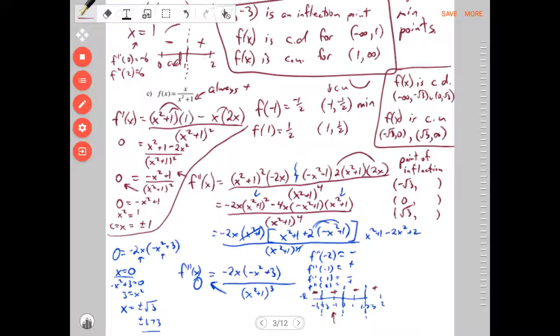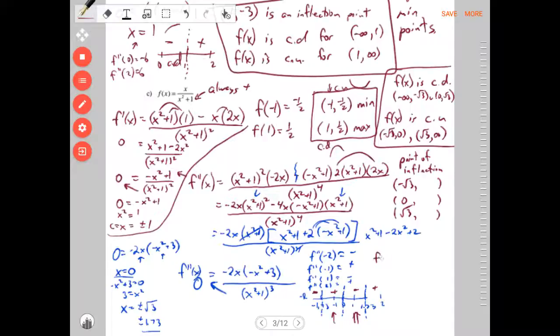Positive 1 was in this region here, which is negative, so it is concave down, so this one is a maximum. Those are our maximum and minimum points. Now we've got to find some more room here.